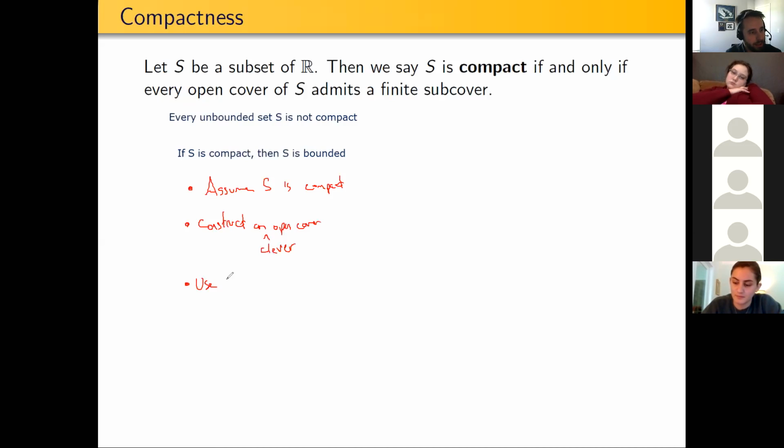Use compactness to conclude that there exists a finite subcover. And then finally, draw some meaningful conclusion.